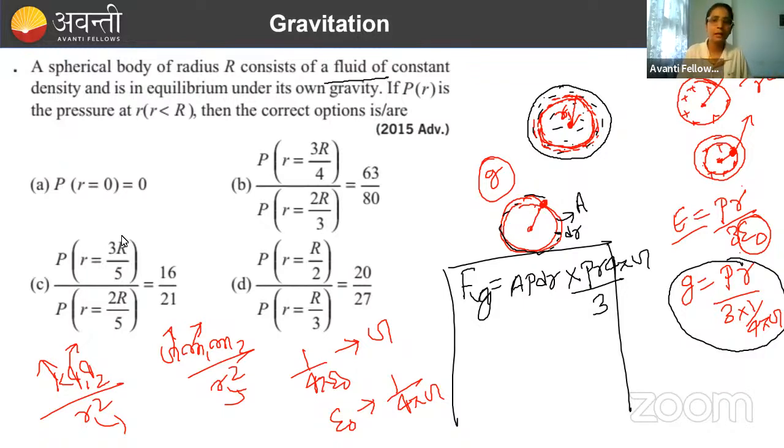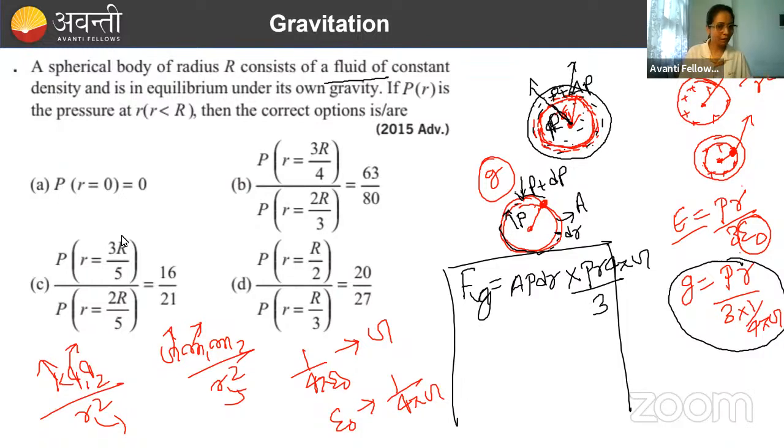Now let's deal with the pressure. So if it is in equilibrium, net pressure must act upward. Right, so if I take the pressure acting in the downward direction, what will I write? Suppose I wrote P, and here I wrote the pressure as P plus dP. So the pressure in this direction I have written as P, and the pressure in this direction I have written as P plus dP.